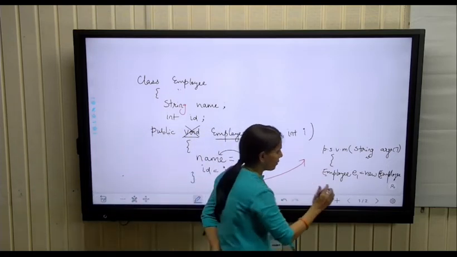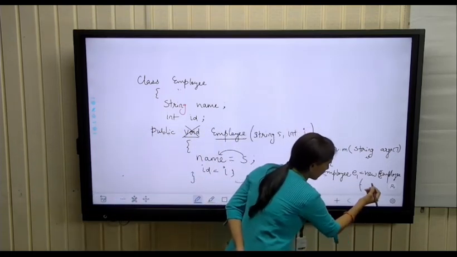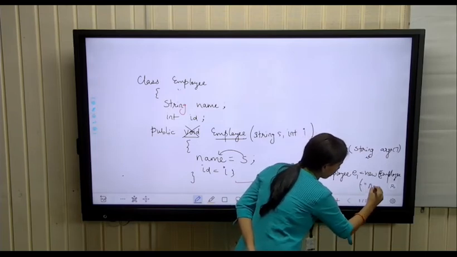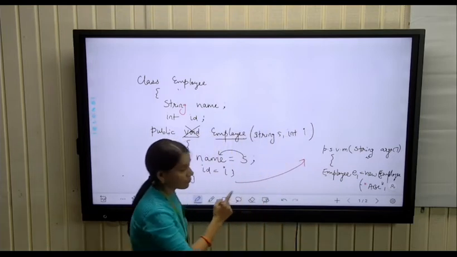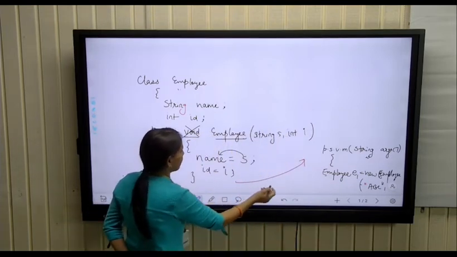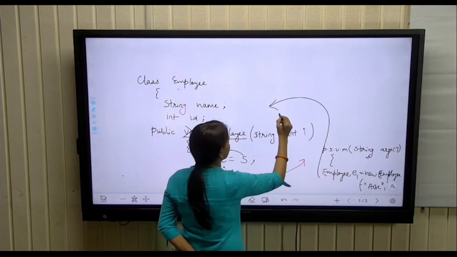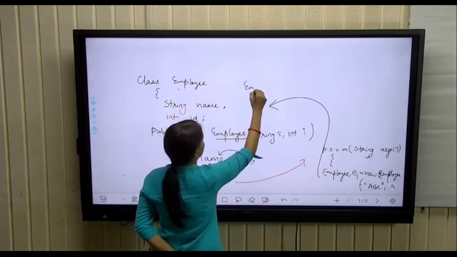The class name, so that abc, comma 101. See, I can create more than one employee.